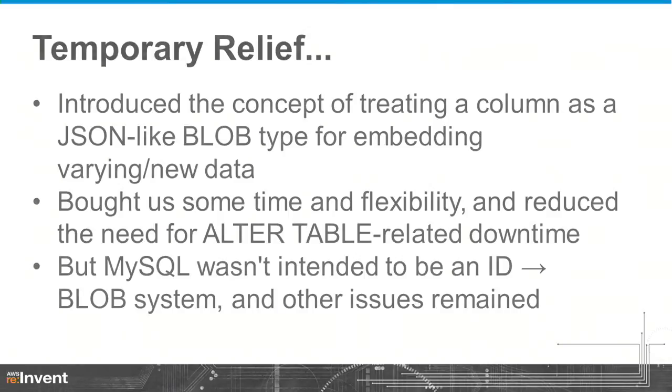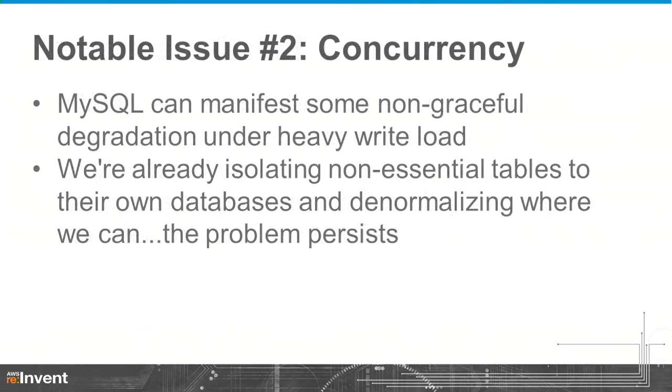And MySQL was never intended to be used as a mechanism by which you simply got a blob for an ID. So the next issue for us was concurrency, because we've had load increase over years as our site has become more popular. MySQL can manifest some non-graceful degradation under heavy write load. We've done the common sense thing of shuffling tables and databases around, but it's still a pain in the butt for our ops people.